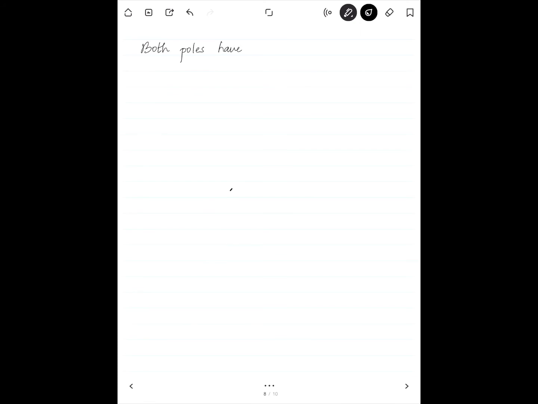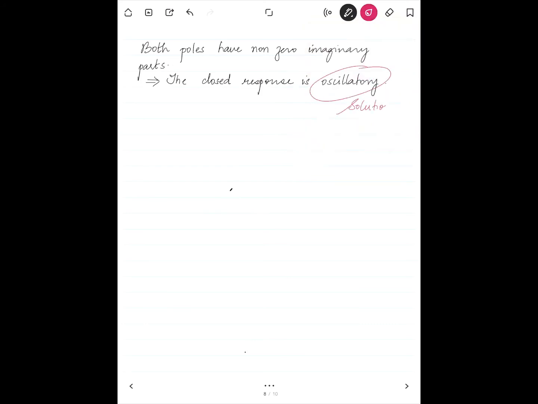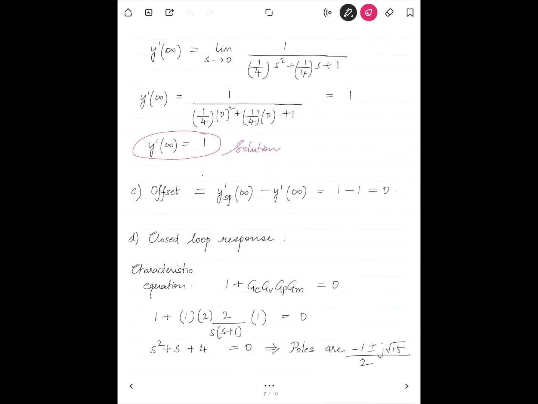And if you remember from your previous seminars, we have seen that if the poles of the characteristic equation have non-zero imaginary parts, the response will always be oscillatory. And that constitutes the final solution for question 2. So let's just mark off the solution there. Let me just go back and mark off the solution for offset as well. And that's it for question 2.